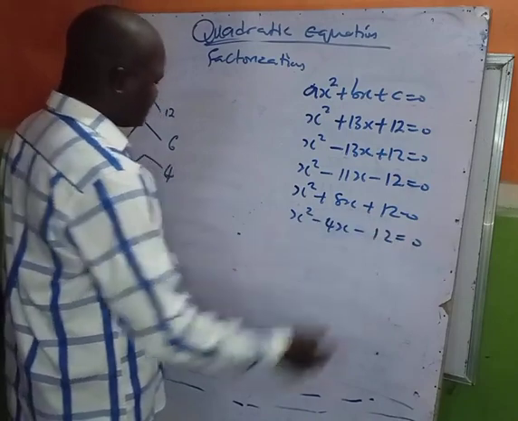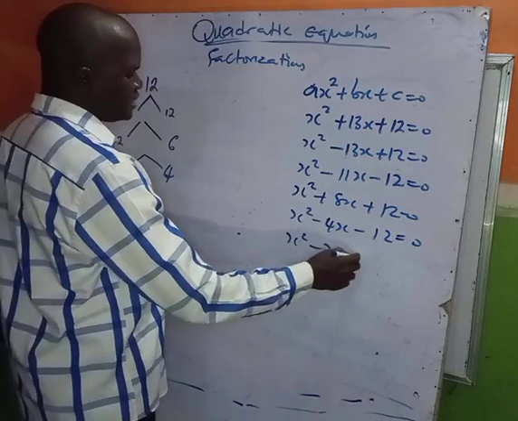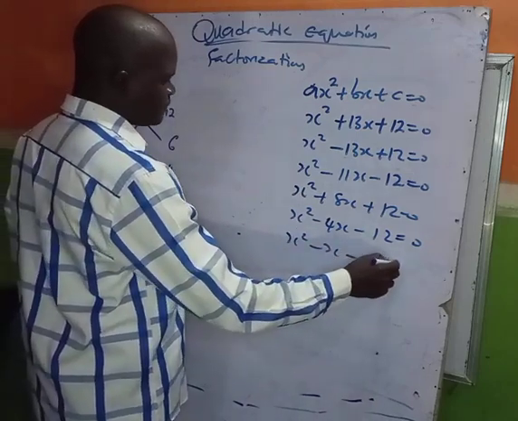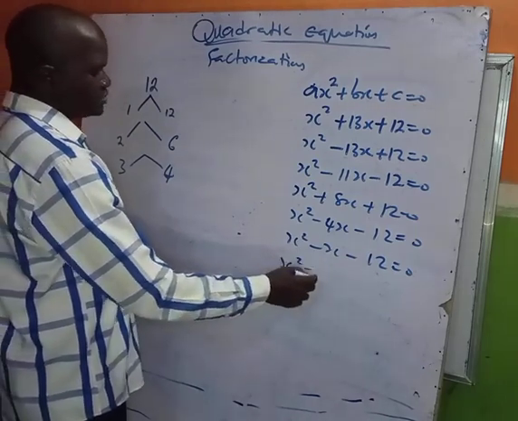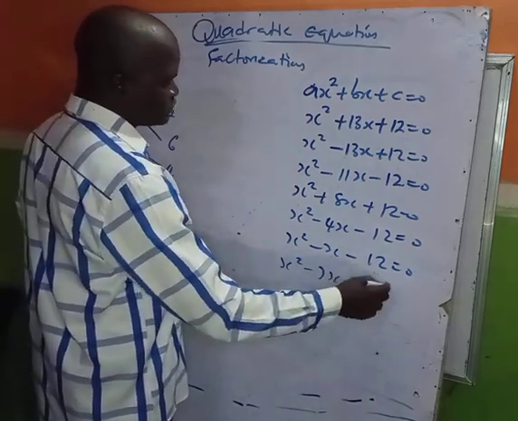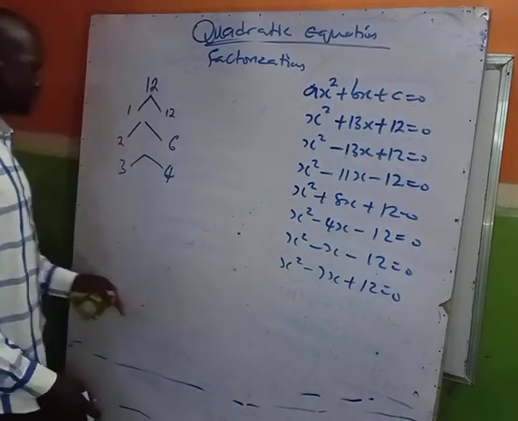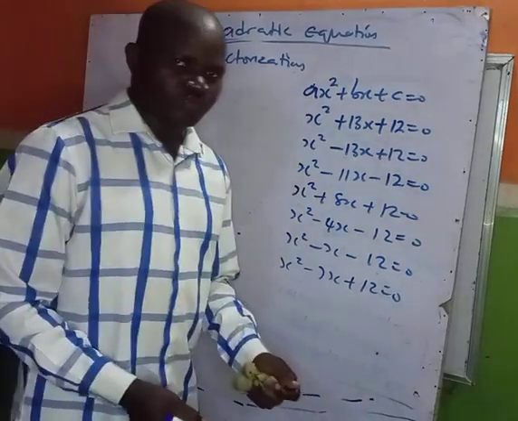So you can have like that. And then here x squared minus x minus 12 equal to 0, or x squared minus 7x minus 12, here is plus 12 equal to 0. So simply use this one to form those equations.